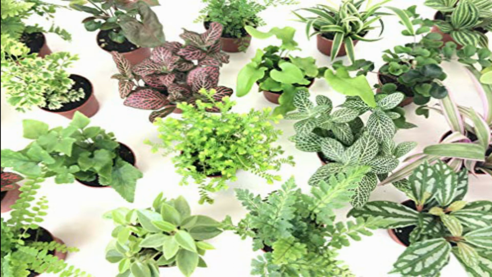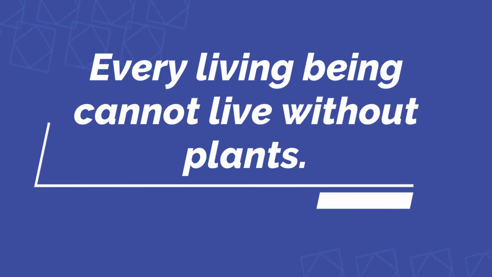So finally, what have we understood? Animals also depend directly or indirectly on plants for food. Animals cannot survive without plants. Not only animals, every living being cannot live without plants. So, every living being directly or indirectly depends on plants for food.